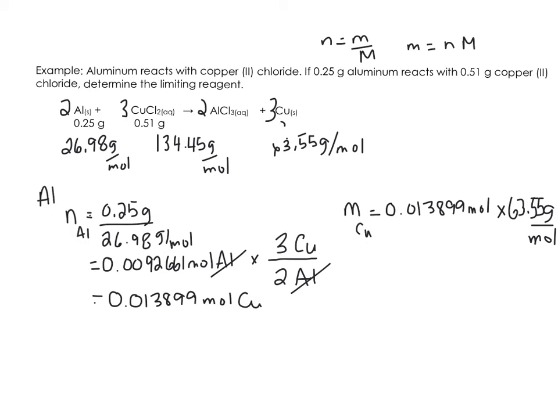So multiply this by 63.55 grams per mole, and we get 0.88329 grams of copper. If we rounded that off to proper sig figs, it would be 0.88 grams.